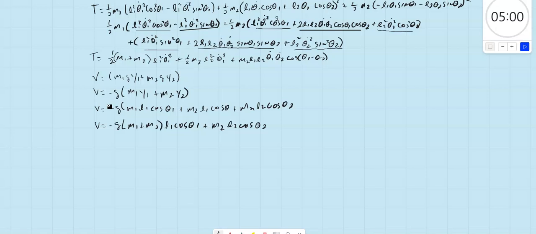And now what I could do is put my kinetic energy and my potential energy together, find my Lagrangian, and it's going to be equal to 1/2 M1 plus M2 L1 squared theta 1 dot squared plus 1/2 M2 L2 squared theta 2 dot squared plus M2 L1 L2 theta 1 dot theta 2 dot cosine theta 1 minus theta 2 — will be positive, right?